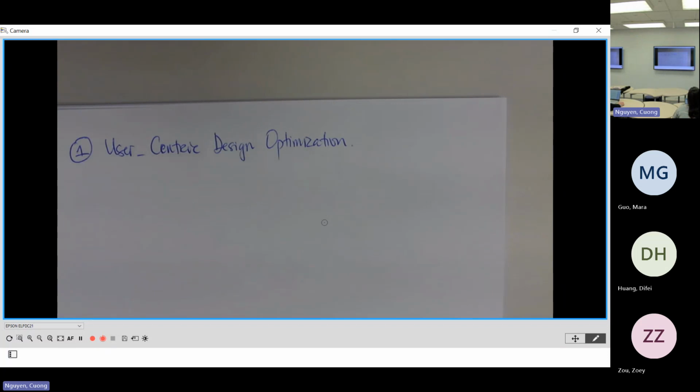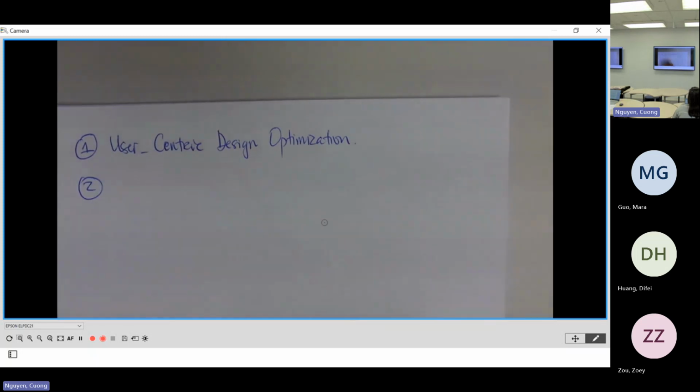So you can improve the user interface, the UI, or increase user experience, in order to have design enhancement. That is the first one.